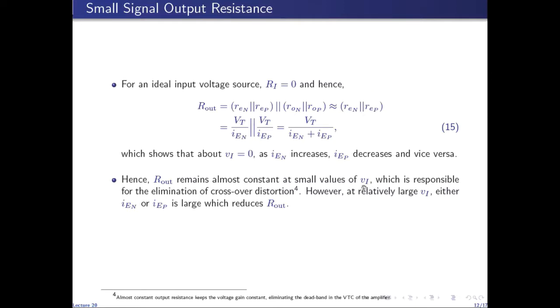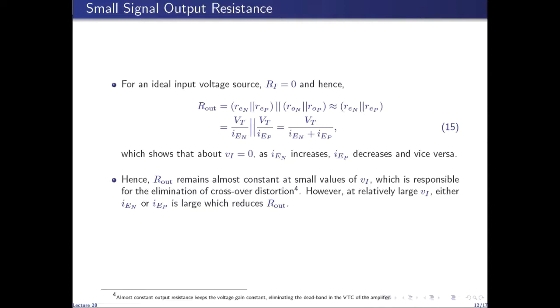about the origin of the voltage transfer characteristics of the amplifier, which is the reason why there is no crossover distortion in the output, because a constant output resistance will keep the voltage gain of the amplifier constant.